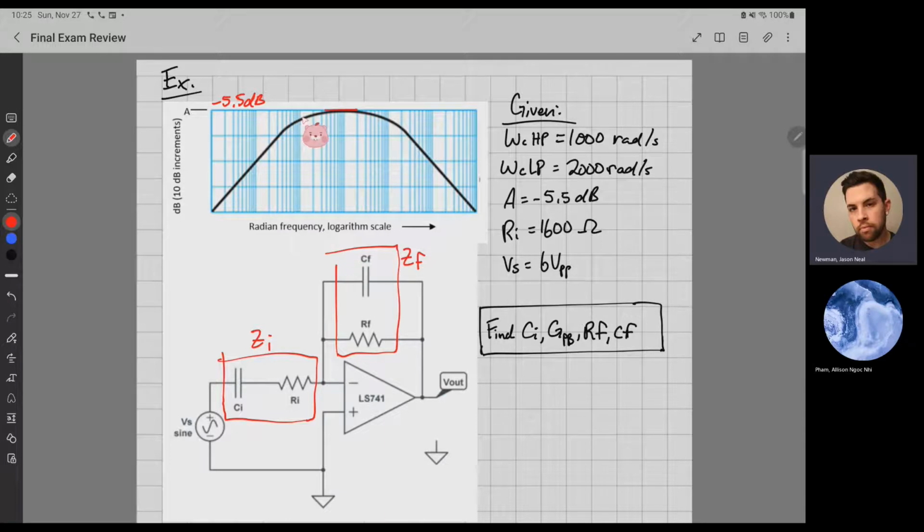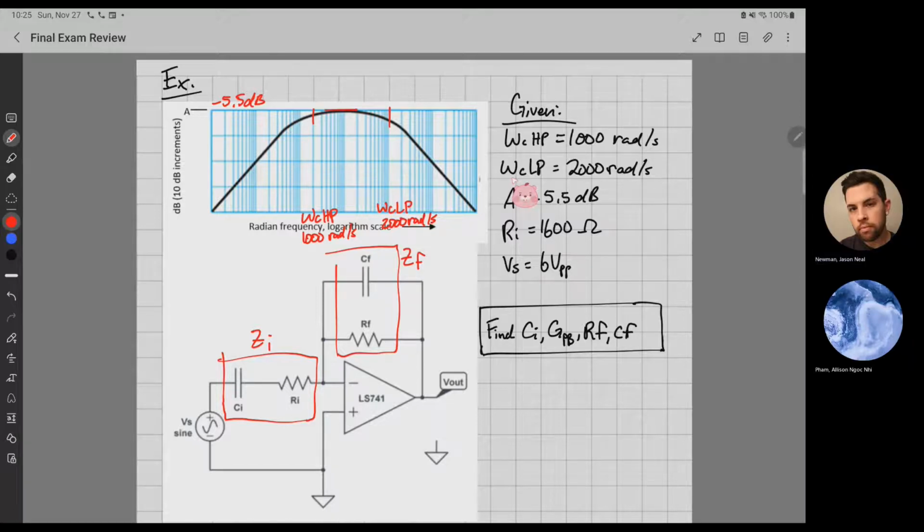So this right here should be your omega C HP, which is 1,000 rad per second. And the opposite one, I'm just arbitrarily drawing where it should be, right around there would be your cutoff frequency of LP, which is 2,000.